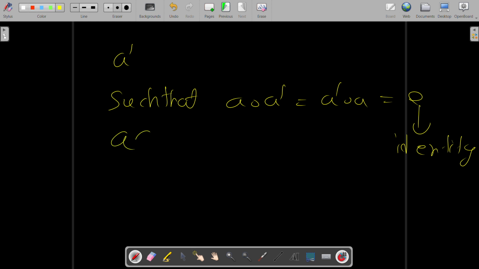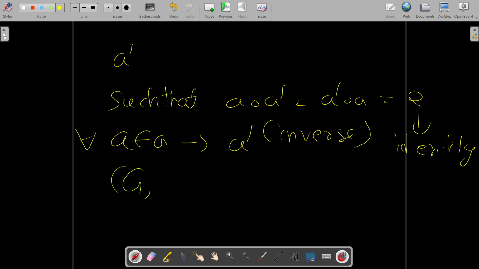Every element a, for all a belongs to G, has a unique inverse a dash. So the existence of a unique inverse. If these four properties are satisfied, then the algebraic structure (G, ∘) is called a group.